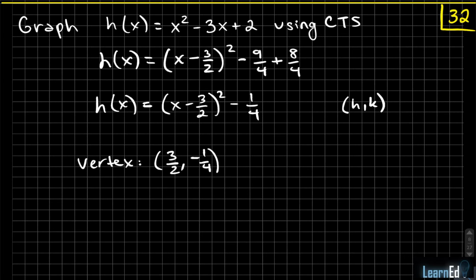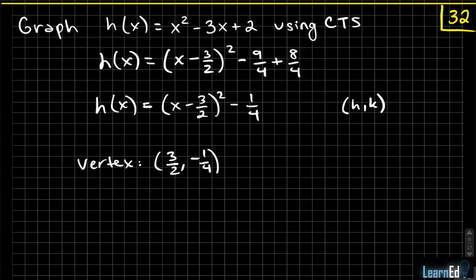Now this is going to be a really nasty graph, so I'll spare you the trouble and not go through a whole xy table with you. But that's another reason why completing the square is really nice, because when you do an xy table, generally people don't do 3/2.